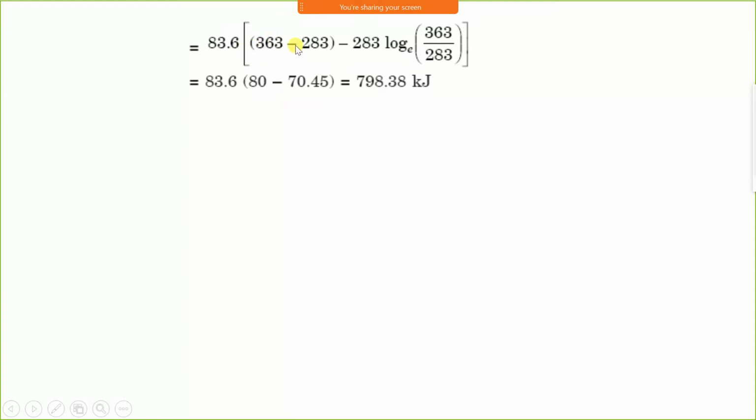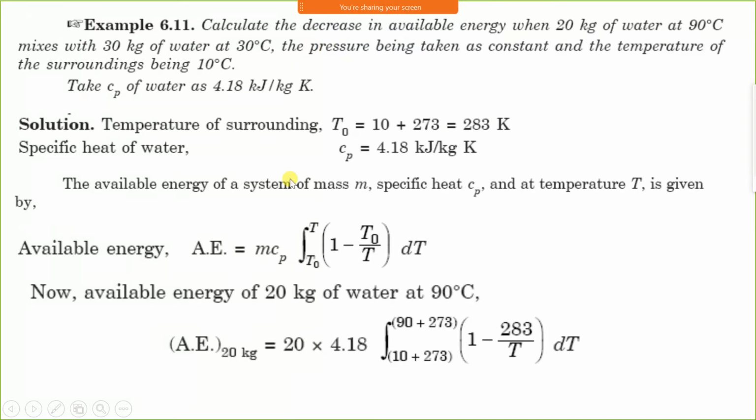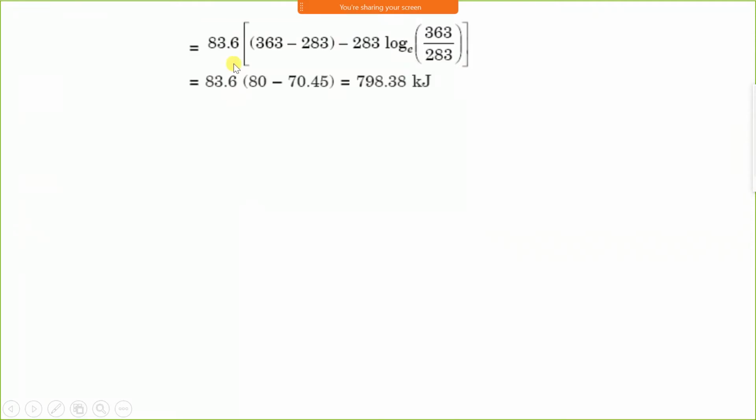Upper limit is 363 minus lower limit 283, and the multiplication of 20 and 4.18 is 83.6.